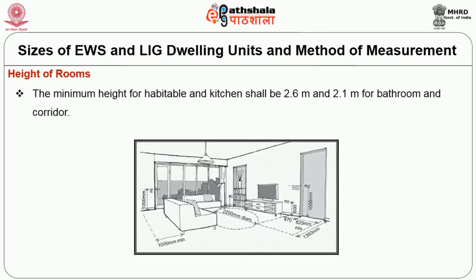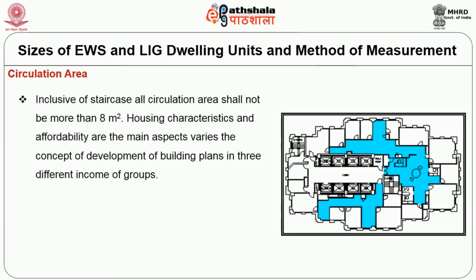Height of rooms: the minimum height of the habitable room and kitchen shall be 2.6 meter, and 2.1 meter for bathroom and corridor. Circulation area, inclusive of staircase, shall not be more than 8 meters squared.